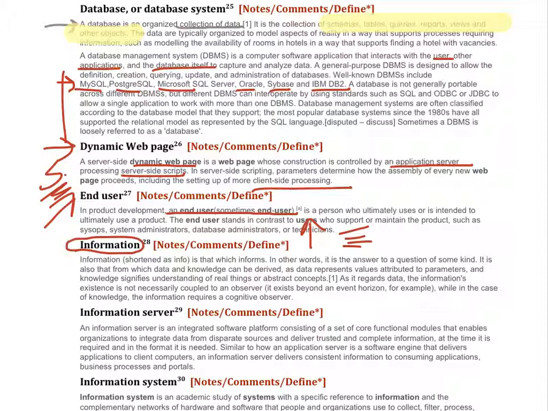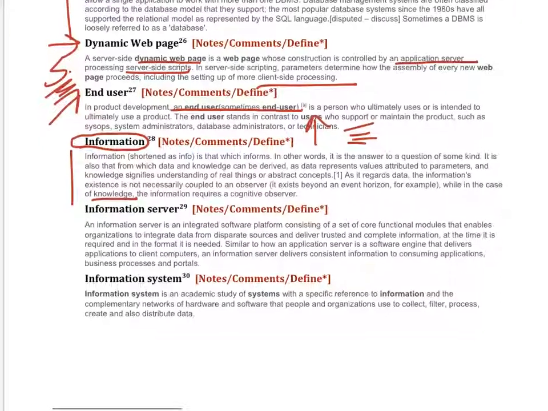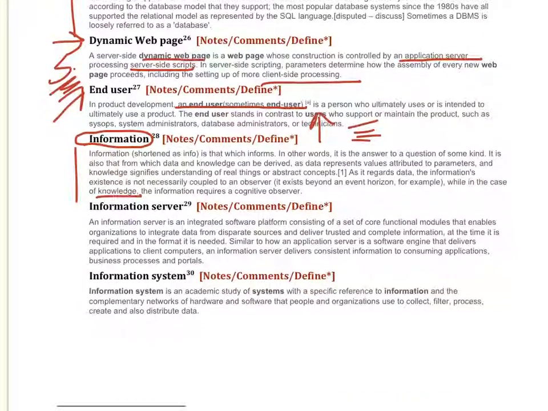This is a good explanation of information. The whole idea of going from information to knowledge. So I would review that. I'm not going to read that to you. Then to finish up this part, an information server. You notice here they use the word portals.